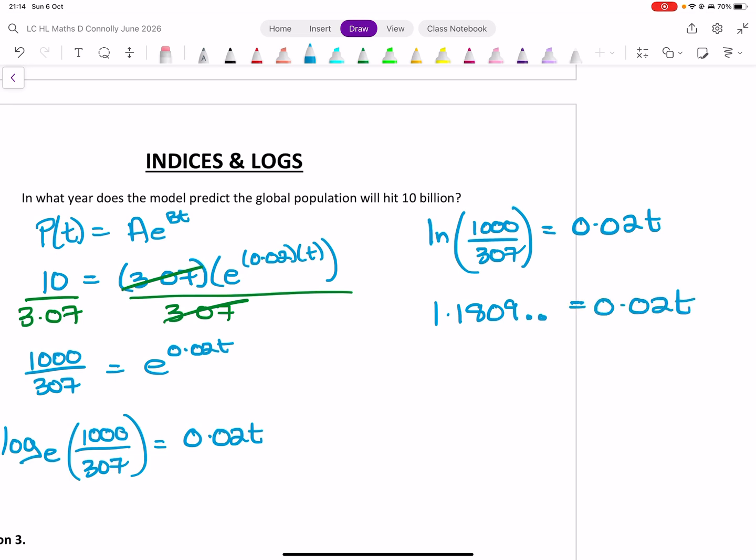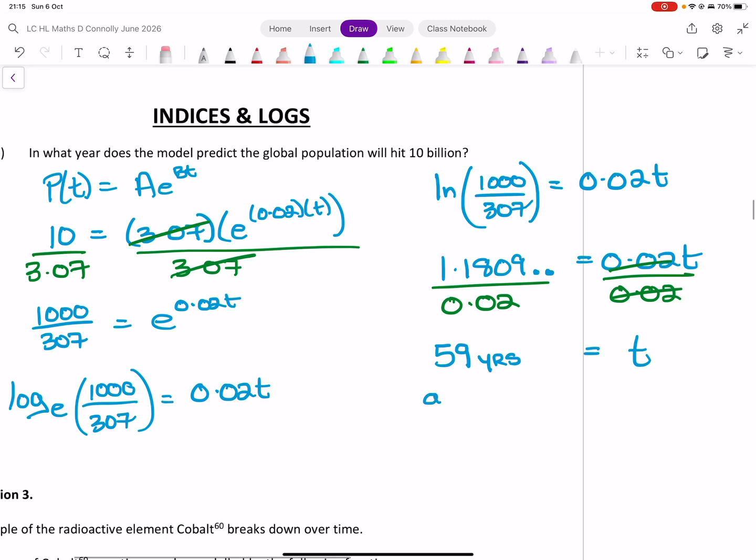And then I'm going to take the number in my calculator and divide it by 0.02. So it's 59.04 years after, what was it, 1970?